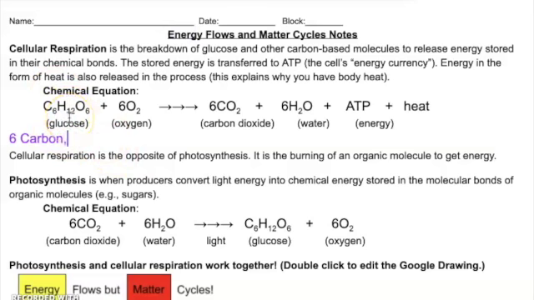So next to it is hydrogen. This tells us that in glucose, there are 12 hydrogen atoms. In glucose, there are also 6 oxygen atoms. Okay, so within glucose, we have 6 carbon atoms, 12 hydrogen atoms, and 6 oxygen atoms.